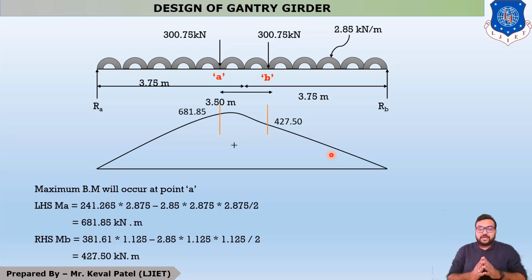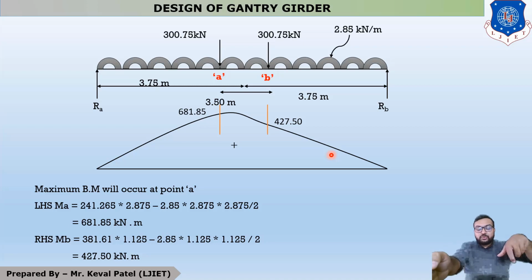Now, step number 3 is the maximum shear force generated in a gantry girder. Repeatedly, what is gantry girder? This is your one gantry girder and this is your second gantry girder. The distance between two gantry girders is called the crane girder's length.